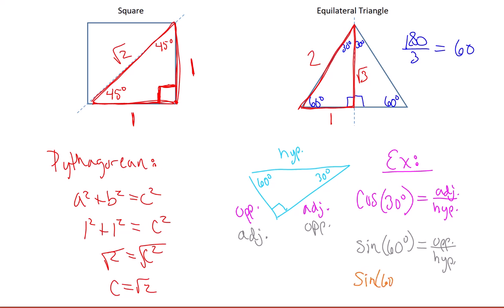The sine of 60 degrees would be, we already said, opposite over hypotenuse. If I pick where 60 degrees is in my special triangle, the side opposite of it would be square root of 3. And the hypotenuse, across from the right angle, would be 2. So we'd be looking at square root of 3 over 2. That is the sine of 60.